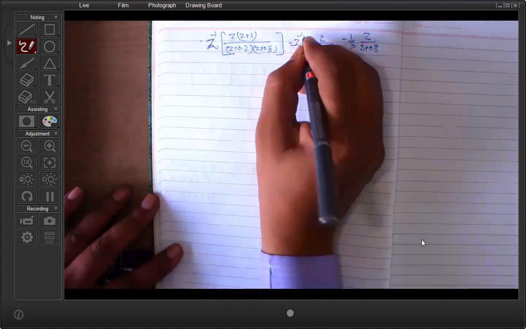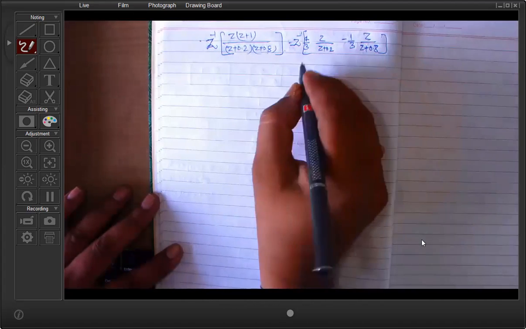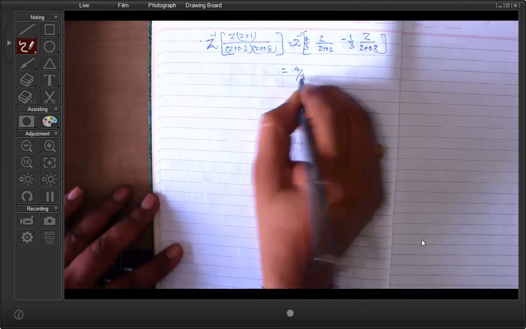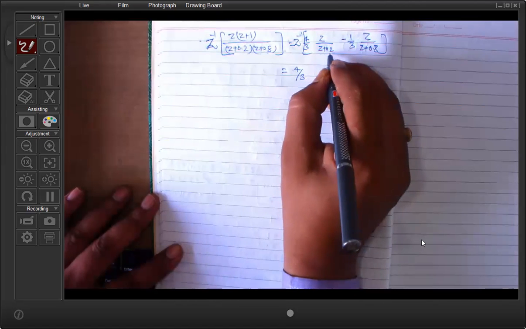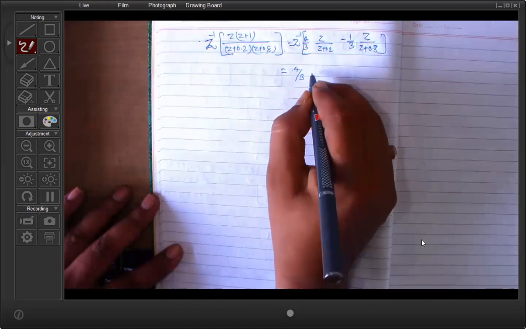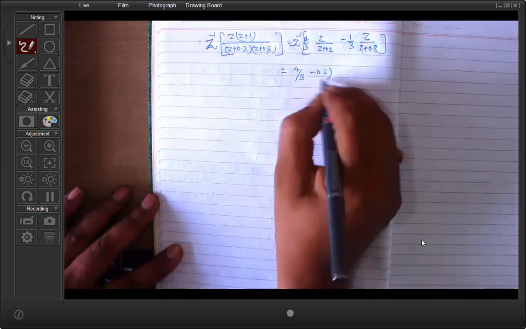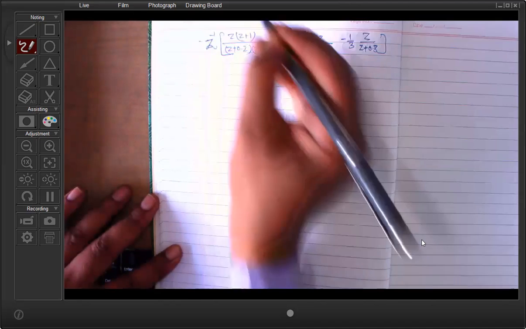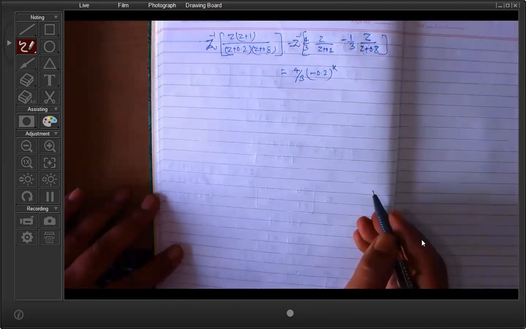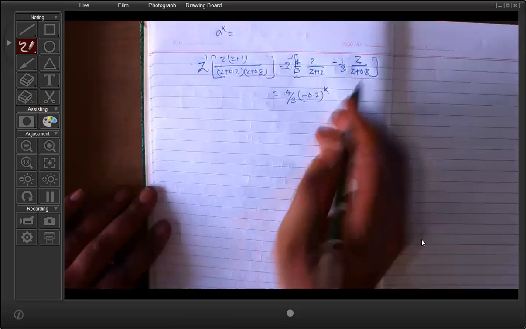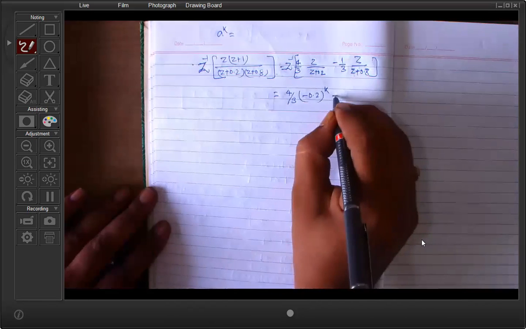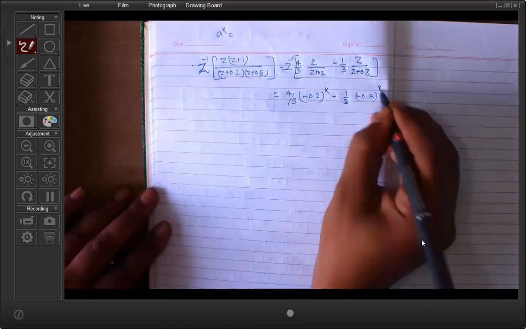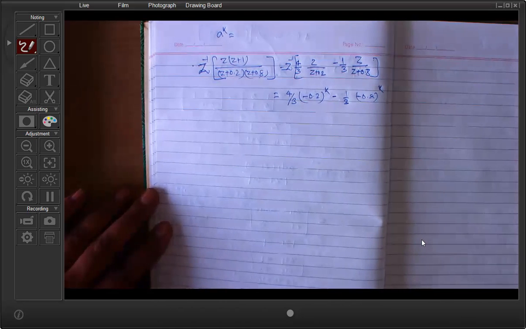Its inverse z transform becomes 4 by 3 into (minus 0.2) to the power k, since the z transform of a to the power k is z by z minus a, and minus 1 by 3 into (minus 0.8) to the power k.